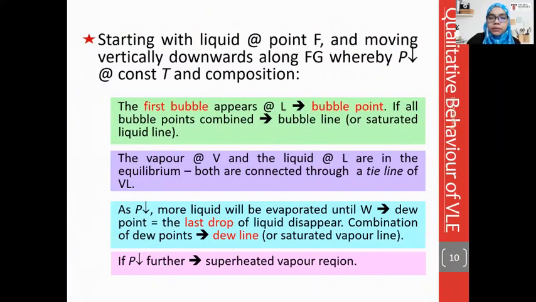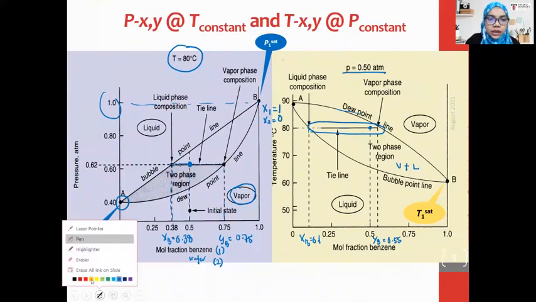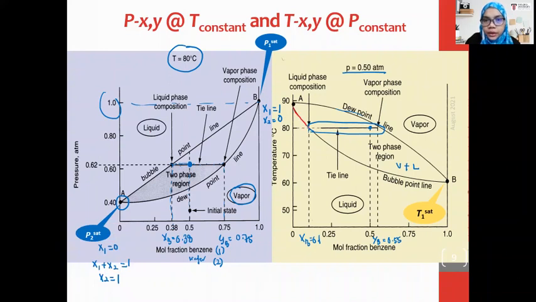This is about the 3D diagram. What I would like to highlight here is the first bubble that appears in the liquid, known as the bubble point. So we can see the first bubble here for the liquid phase. If all the bubble points combine, it is known as the bubble line or saturated liquid line. So we have the saturated liquid line here.